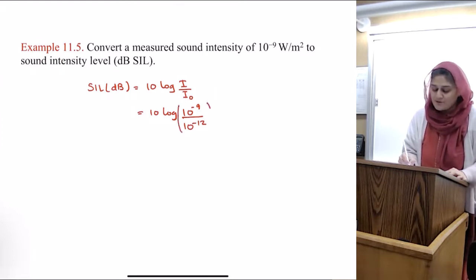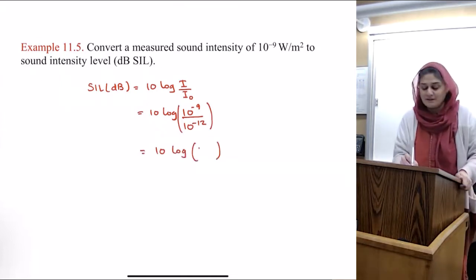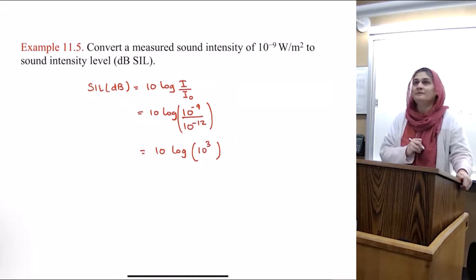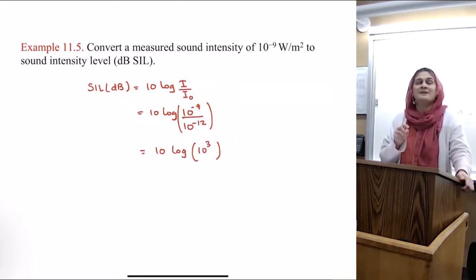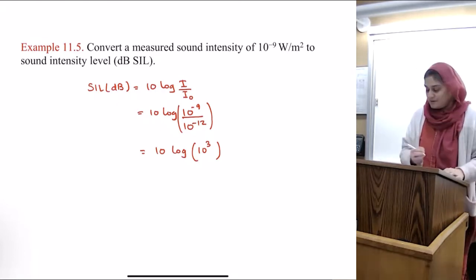So here's how you start these questions. It will be 10 log of, it will be 10 to the 3. That means it's 10 to the 3, and we can either use the properties of log, or you could just use the button log.